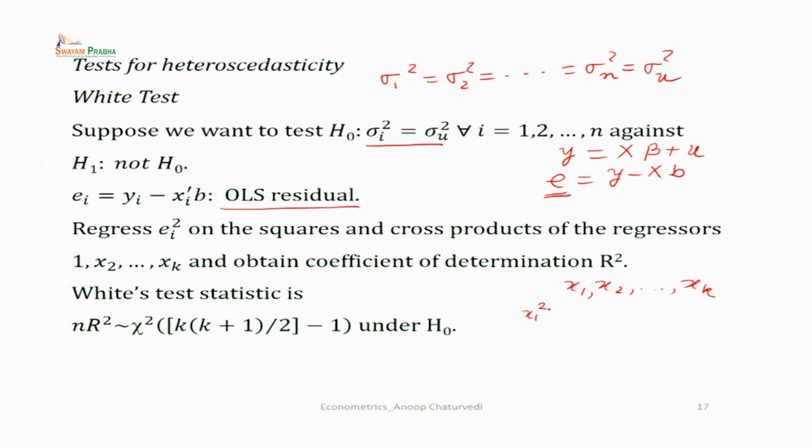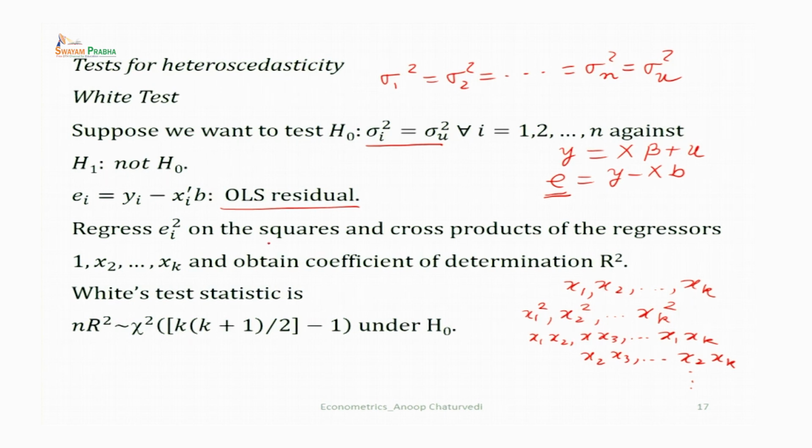Now we take x1 square, x2 square, xk square, and then we take the cross product terms x1 x2, x1 x3, x1 xk, then you have x2 x3, x2 xk, and so on.